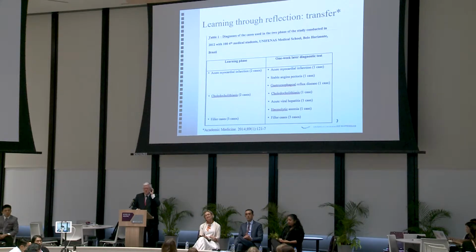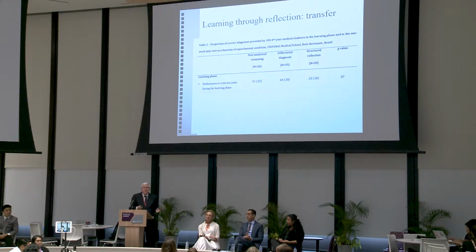And the assumption was that maybe in deliberate reflection you consider other hypotheses and have to reject them. But nevertheless, the consideration of other hypotheses might help you diagnose cases that you have not seen before.